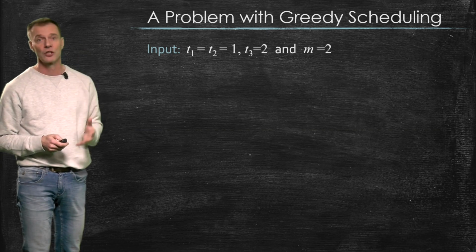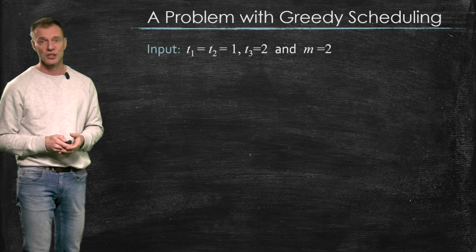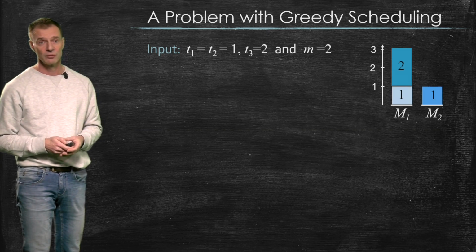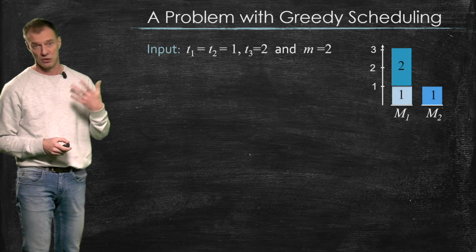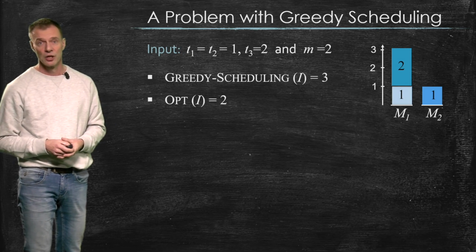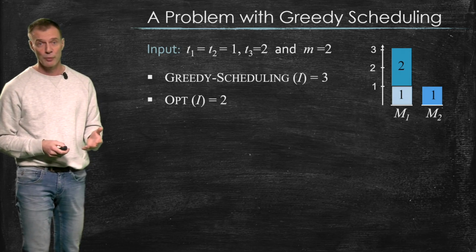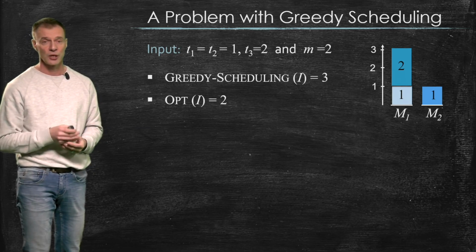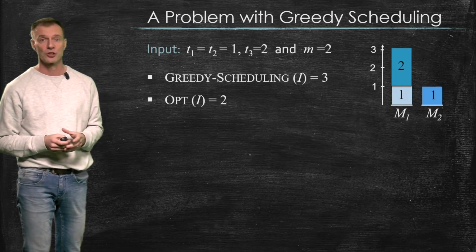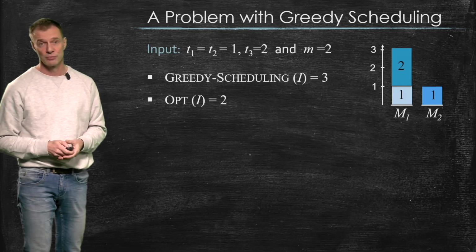Okay, if you think about it, you will probably immediately see that what will happen is the following. First job goes to machine 1, second job to machine 2, and then the third job to, let's say, machine 1. So I have a makespan of 3, but obviously it would be better to have the 2 jobs of size 1 on the same machine and the job of size 2 on the other machine.